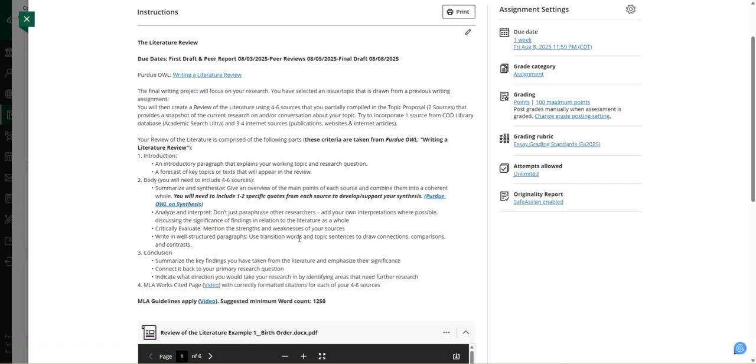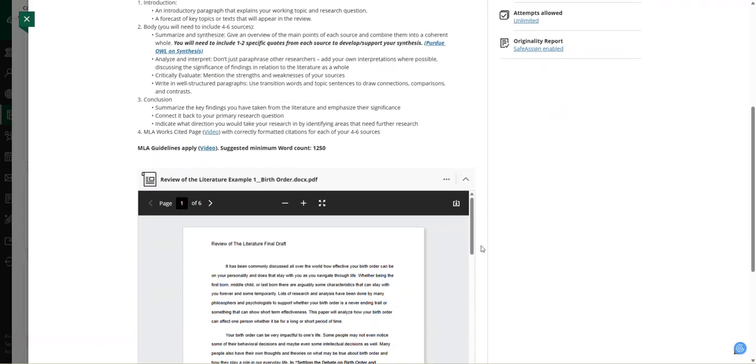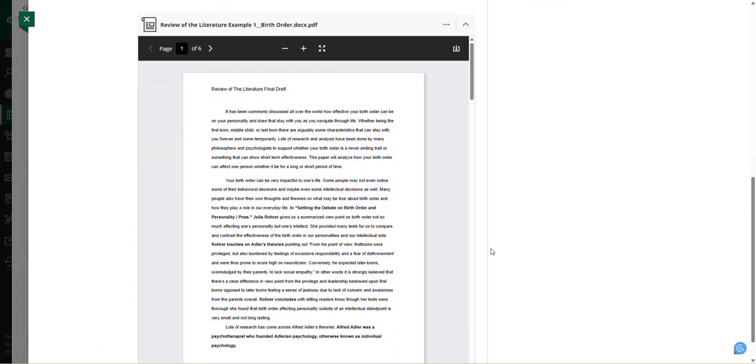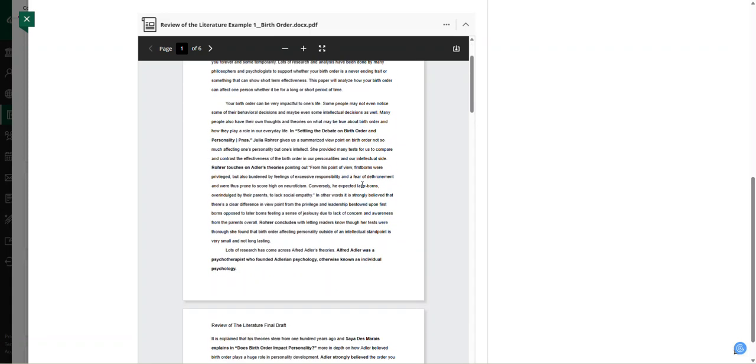But to get a little bit of a head start on the literature review, I thought I'd take a really good look here at the example on birth order was the particular topic. So not only do you see the introduction here about the topic of this particular literature review, but immediately right after the introduction, you have a nice lead-in here about birth order, and then it actually announces the article.